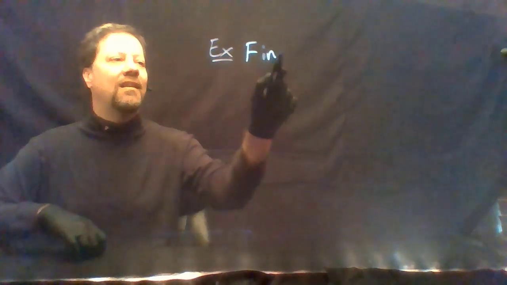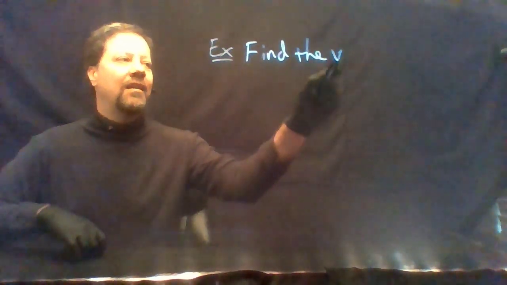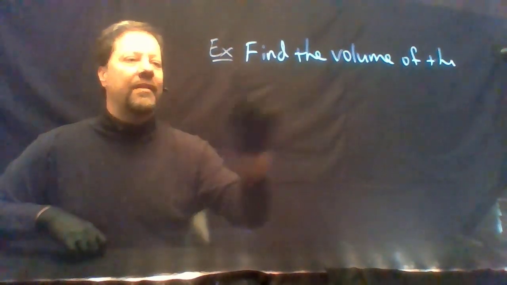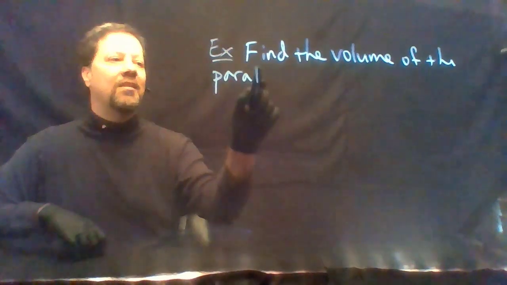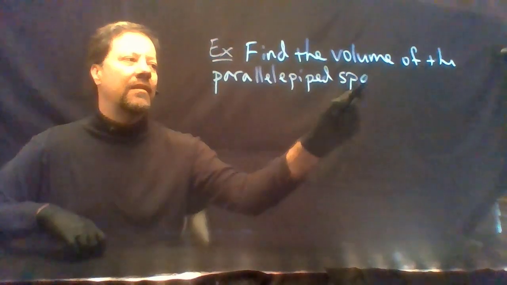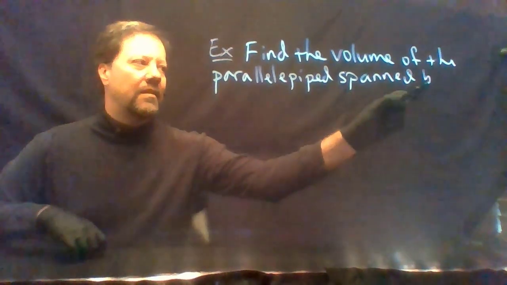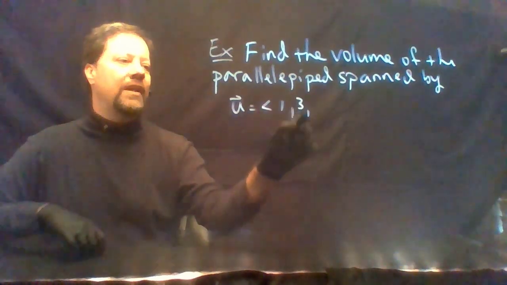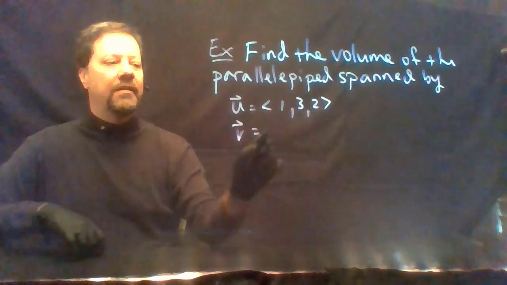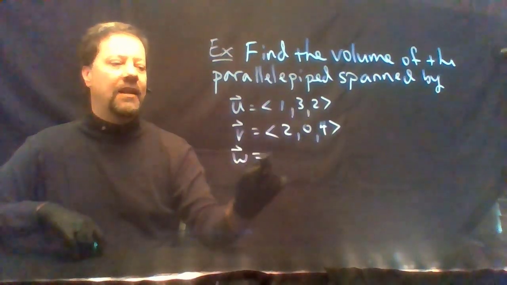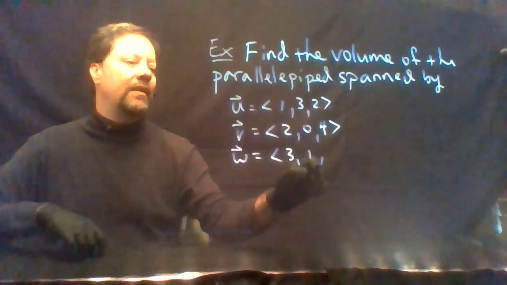For example, find the volume of the parallelepiped spanned by u equals 1, 3, 2, v equals 2, 0, 4, and w equals 3, 1, 2.